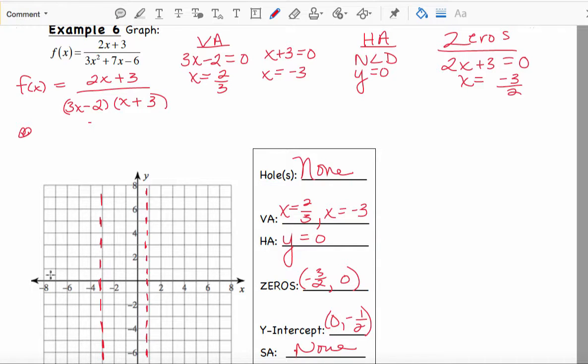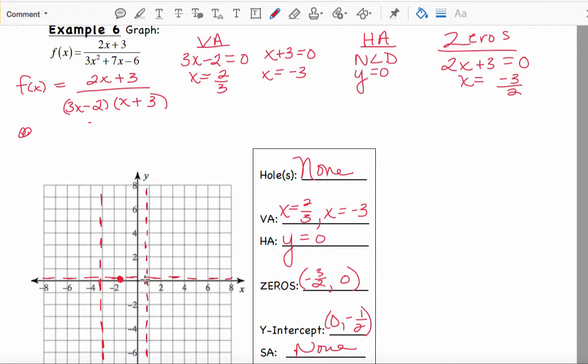And our horizontal asymptote is at y equals 0. I have a 0 at -1.5. So at -1.5, I put a 0 in there.